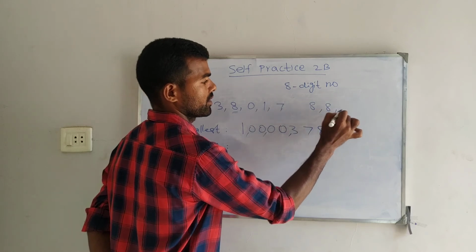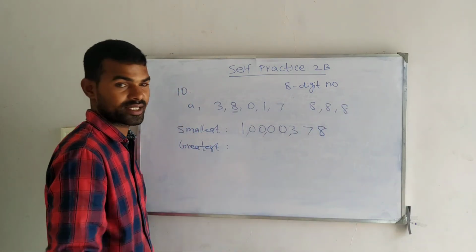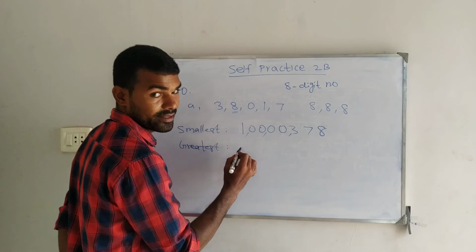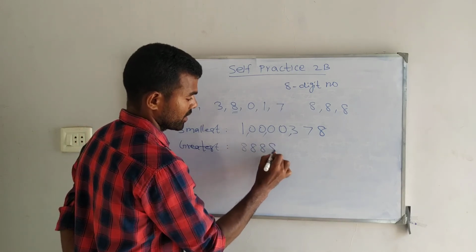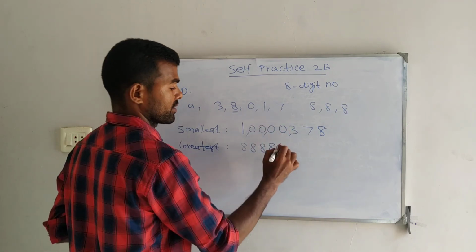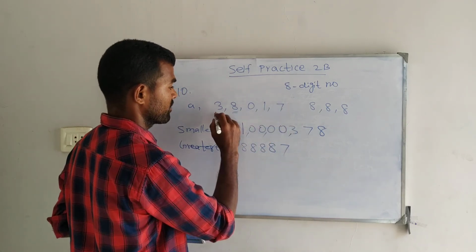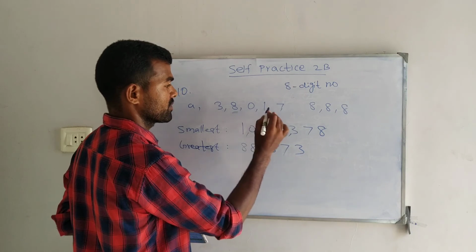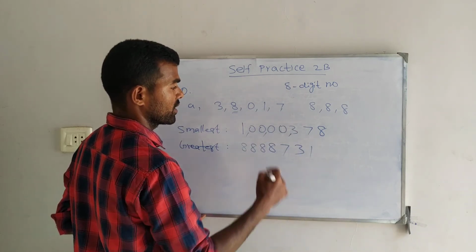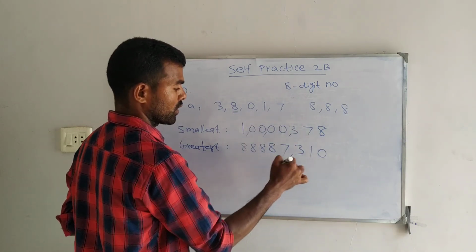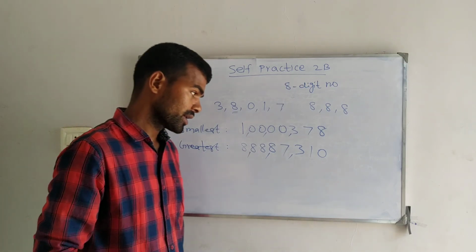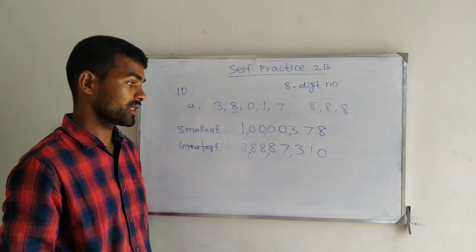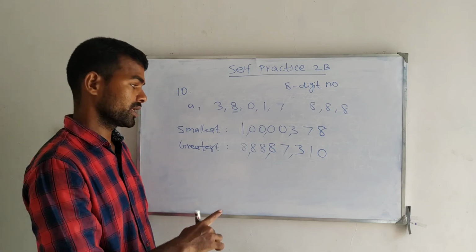Now arrange in descending order: 8, 8, 8, 8. After 8, next is 7, after 7 next is 3, then 1, and last is 0. Now you can read this number: 8 crore, 88 lakh, 87,310. This is the answer.